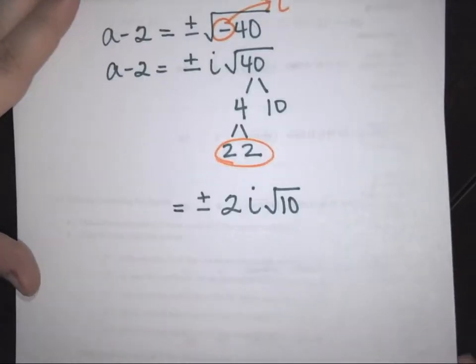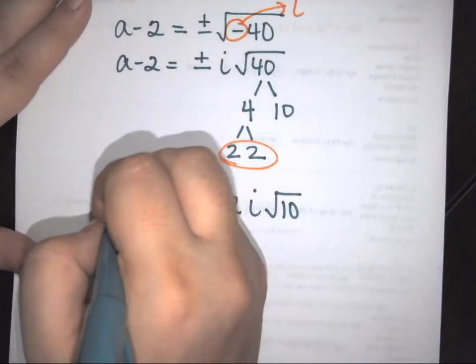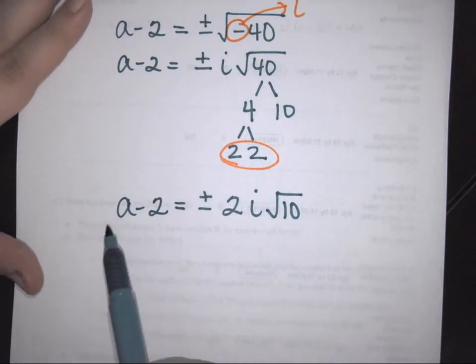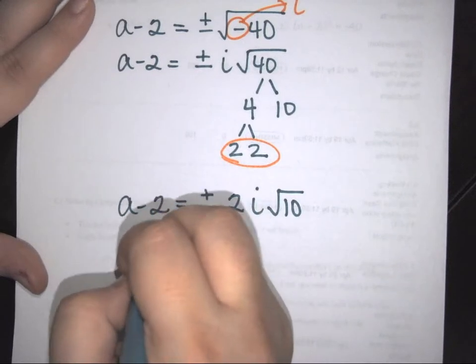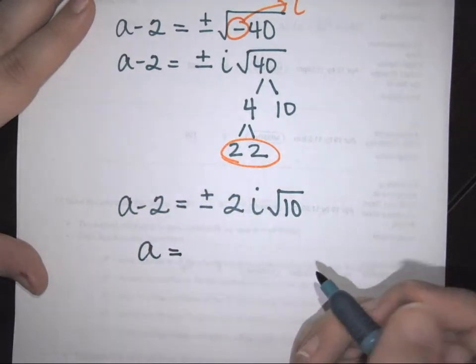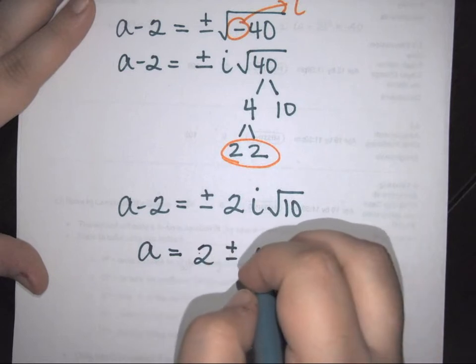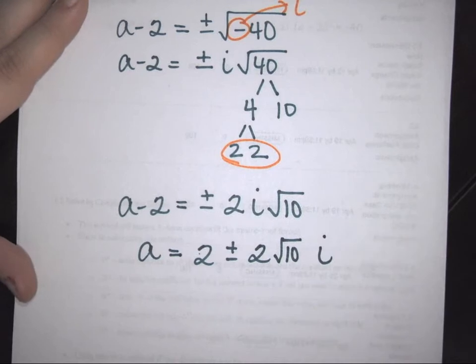Now the very last thing that happens here is I still had this a minus 2 left. So because of that, I have to add 2 to both sides. So I end up with a being 2 plus or minus 2 square root of 10 i.